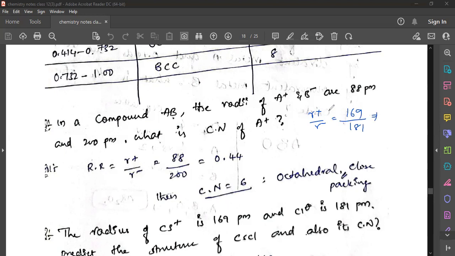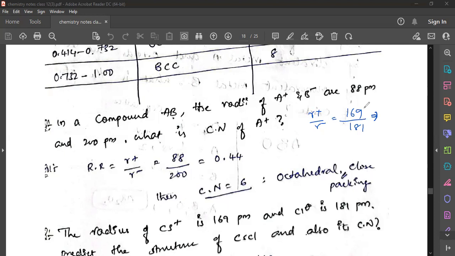Just tell me this calculation part. What is the answer? 169 by 181.